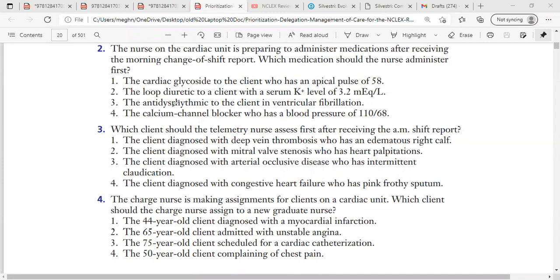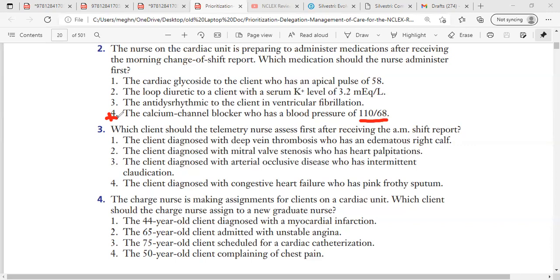Number 3, the antiarrhythmic to the client in ventricular fibrillation. And number 4, the calcium channel blocker to the client who has a blood pressure of 110/68. Number 4 is not the answer because the patient is very stable. If you go a little bit late, this patient will not die.